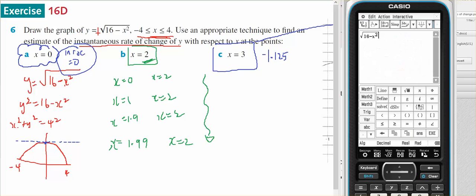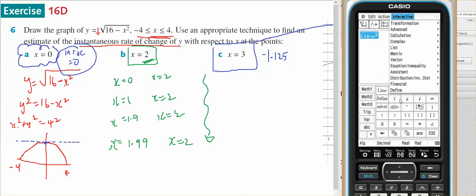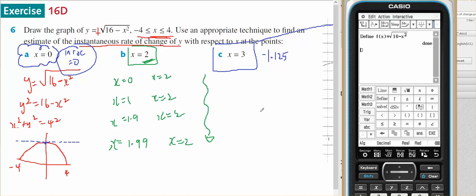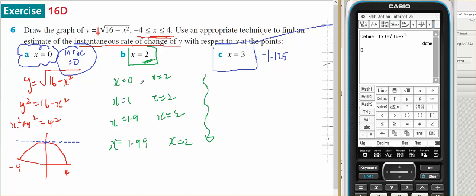So what I might do is do this using my calculator. I've got 16 minus x squared, so I'm going to define it. Now, each of these, for instance this one, will be f of 2 minus f of 0 over 2 minus 0.